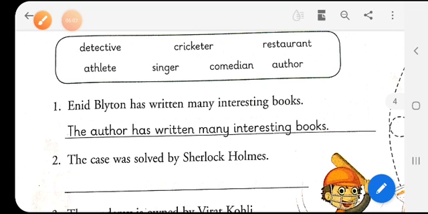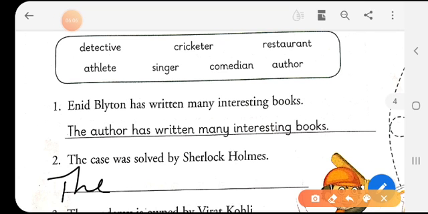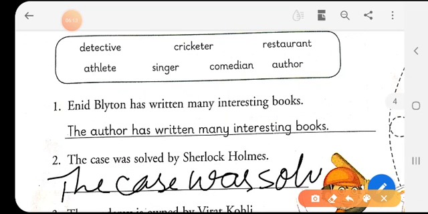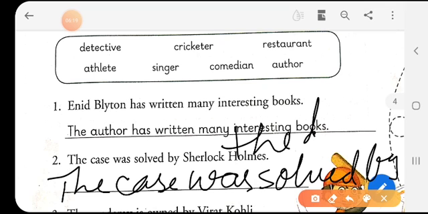So it will be written as: the case was solved by the detective. So this is how we are going to do this whole thing.